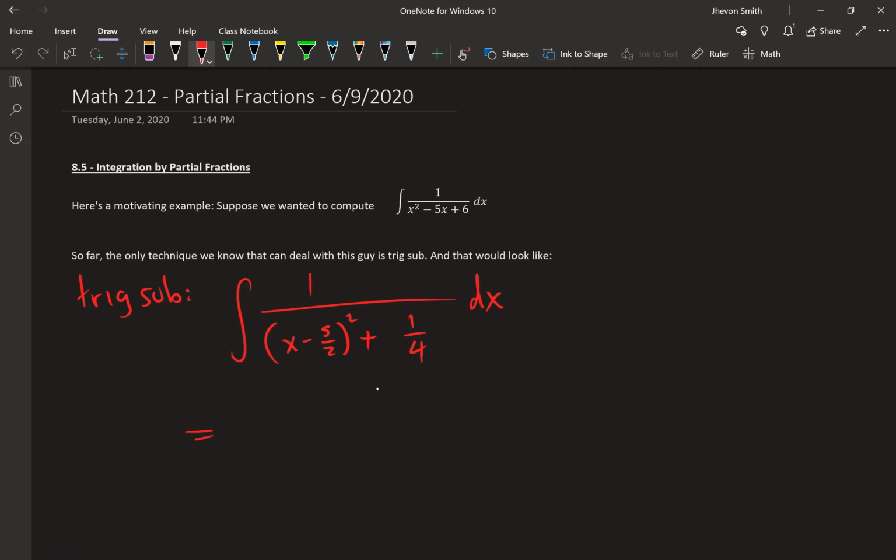And then you would end up with a situation where you would have to set x minus 5 over 2 equal to 1/2 tangent theta. Are you guys with me here?